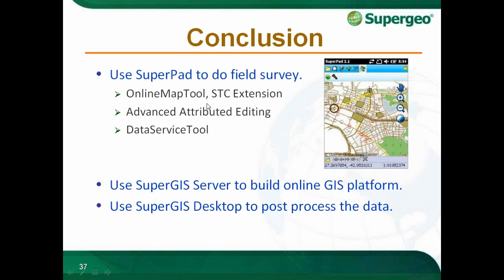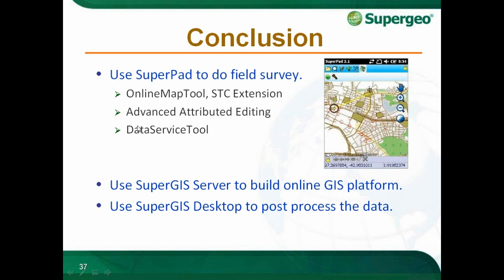So today we have introduced how to use the SuperPad to help you perform your field survey, including how to add the base map by using the online map tool and the STC extension, and how to build a customized form for your field survey by using advanced attribute editing.